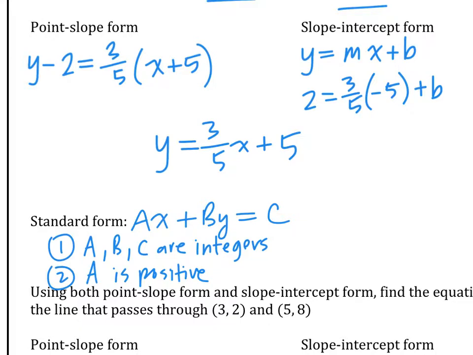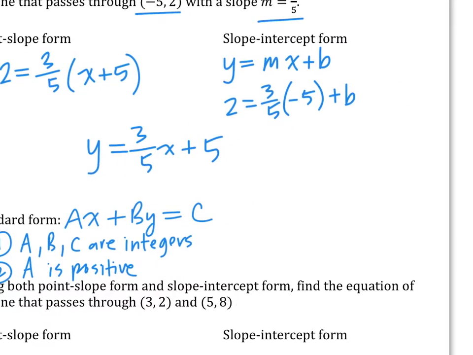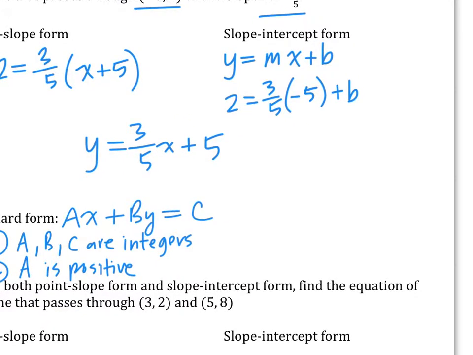All right, so if we look at the equation as it is right now, y equals 3/5 x plus 5. Is that okay? No, there's a lot of things wrong with it, right? First, it's not even in the right form. Second, there are some fractions. So we need to change it to ax plus by equals c. What do you guys want to do first to change it into that form?